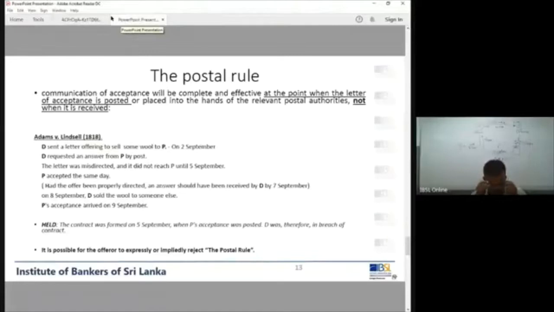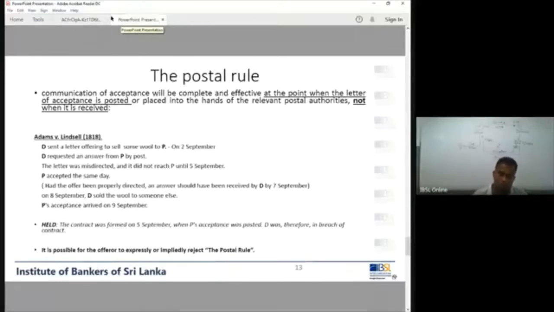So now you see, when we apply the postal rule, what happened? Once the offer is accepted by the offeree, law considers, under the postal rule, the communication is completed and effective. So in this case, what happened?